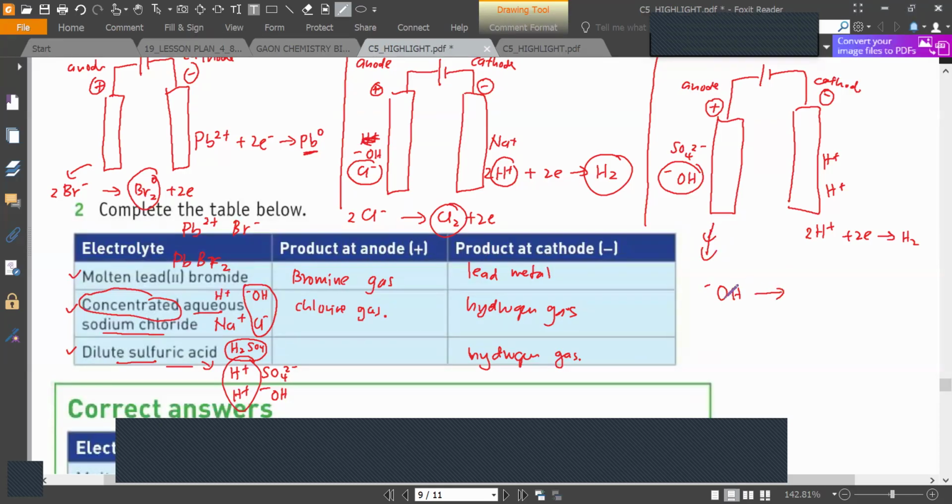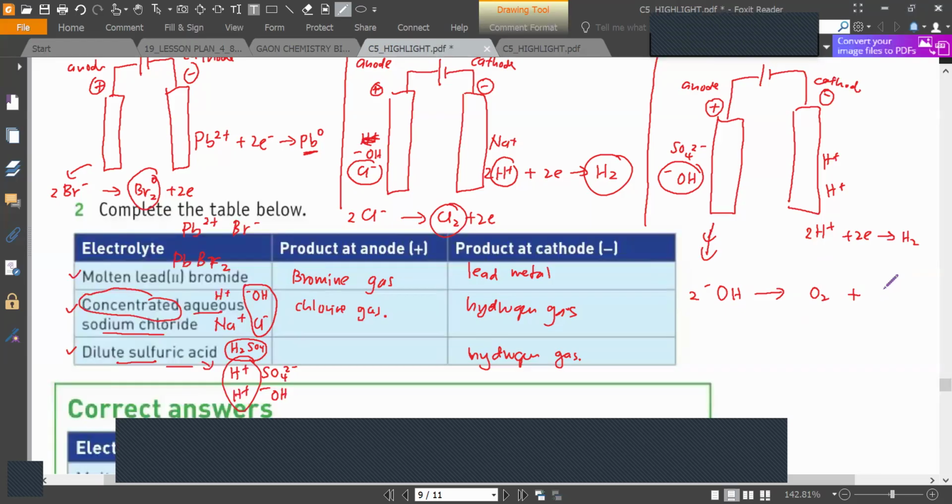On the other side, we know that our product will be oxygen gas. Oxygen gas must always be O2. So what we can do, we can put 2 here. If we have 2 hydrogen here, how do we balance the hydrogen?